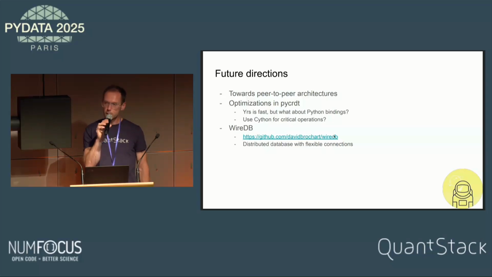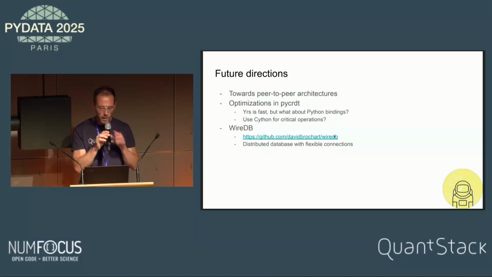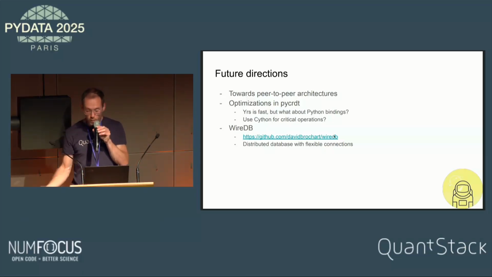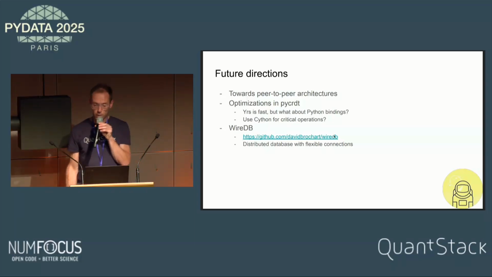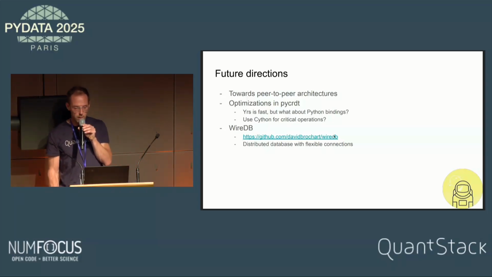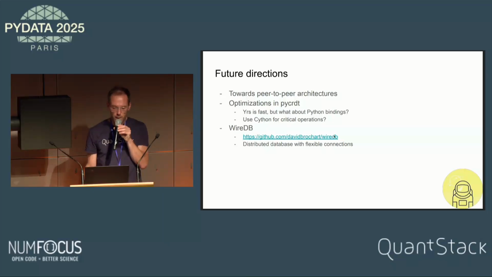Maybe some optimizations in PyCRDT. Yrs, which is the Rust library, is fast. But what about the Python bindings? There is some layer here that adds some overhead, and maybe we could think about using Cython in critical paths.